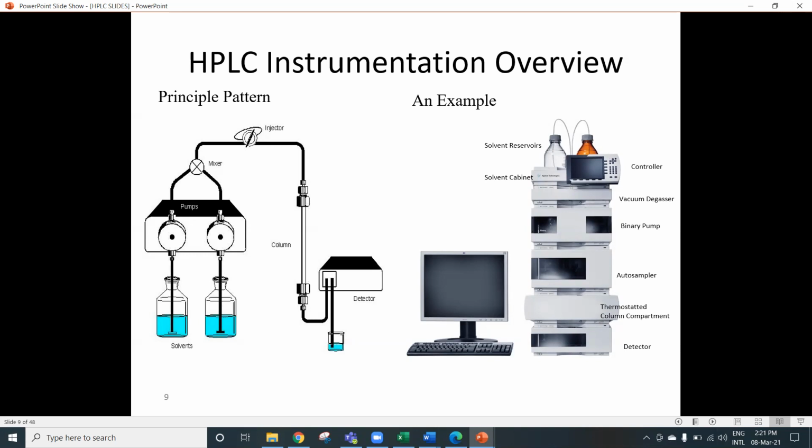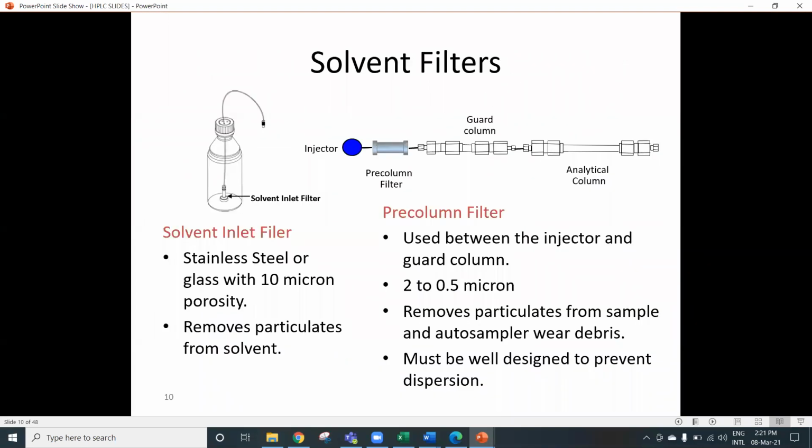Your sample is injected into that, and it goes into the oven where you have your column, and from the column it flows into the detector, and that is where your chromatogram is picked from. And on the screen here, you have your chromatogram as it is separated from the column.